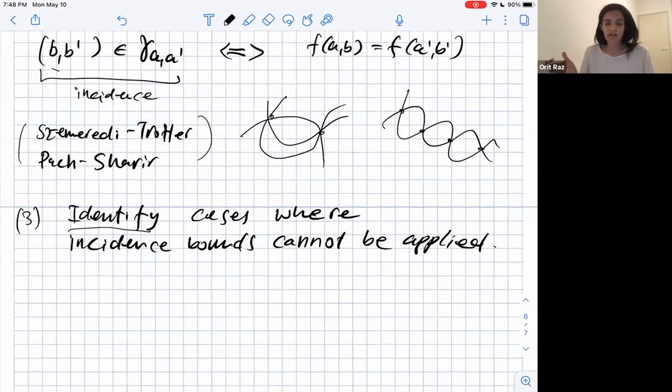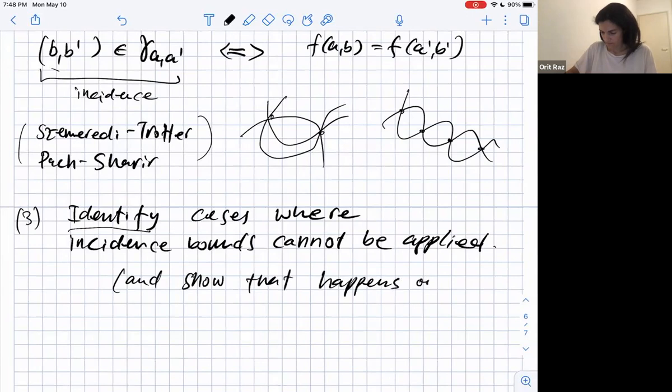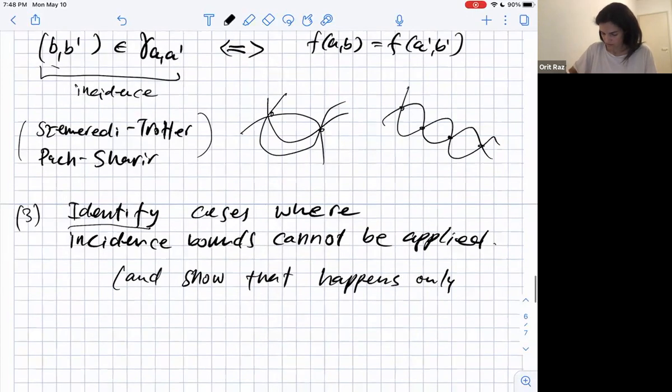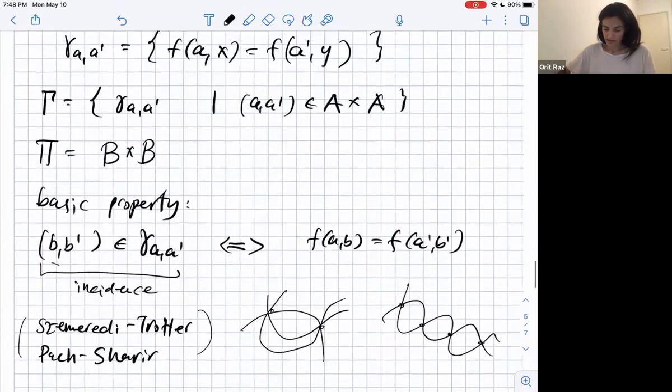We got some differential equation, and when one solves it, they see that this happens only when f is special. So this is roughly the proof in the finite setting.